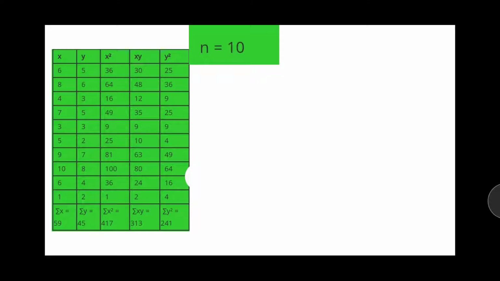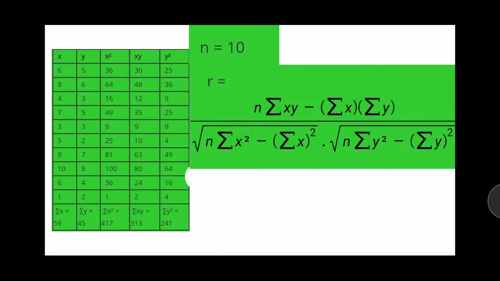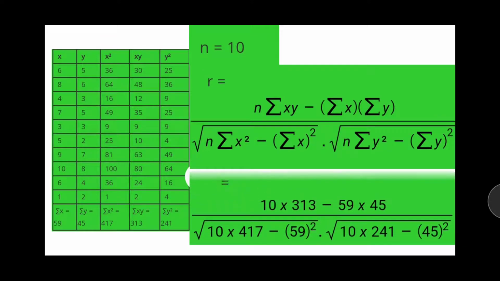So n represents the number of values that we have there. Remember, we are recalling our formula, and that's why we have r equals what I have on the screen. So this formula becomes the formula for our correlation coefficient, and that is exactly what we are asked to do.